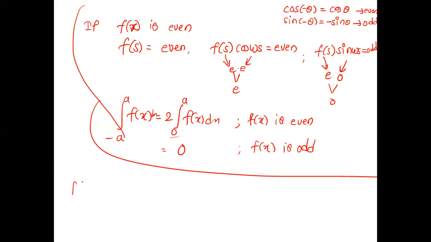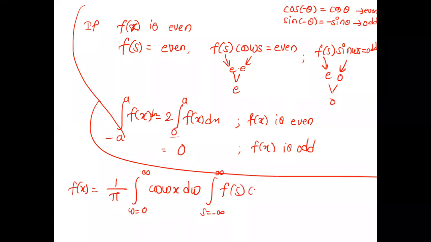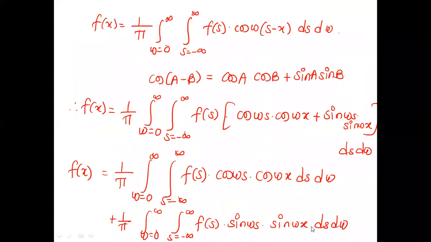So therefore, f of x is equal to 1 upon pi integration 0 to infinity. From there, I can take out cos omega x, that is with respect to omega, because this is integration of omega. And then s is from minus infinity to infinity, f of s into the function of s only, right? I can separate. The same thing I can do with the second integral also, sine omega x is the function of omega, so it will go here.